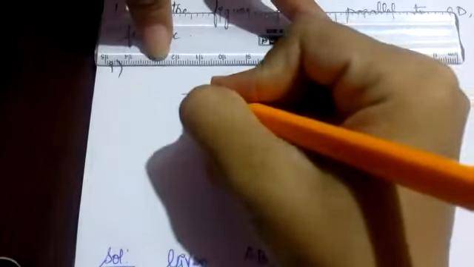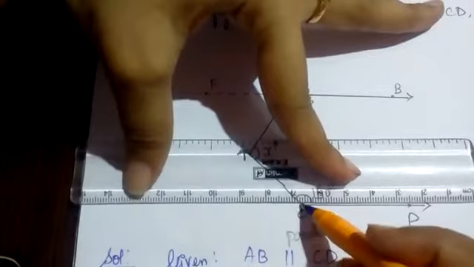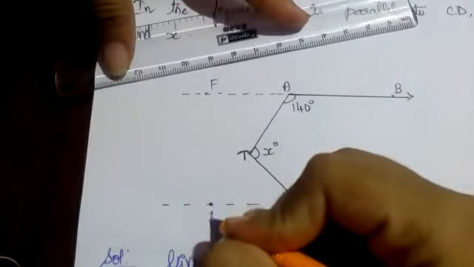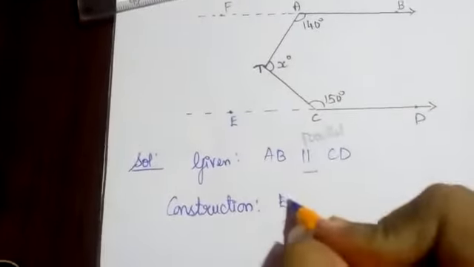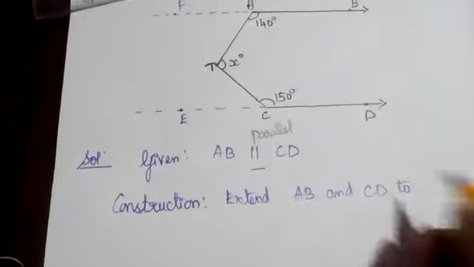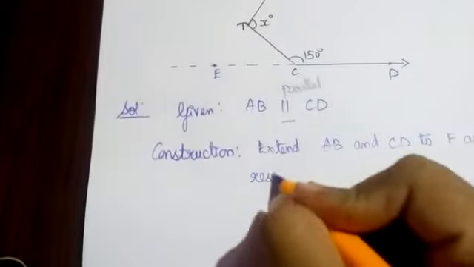You can use pencil and draw, children. To a point F. Here I am going to extend it to a point E. Next, now you have to write it: extend AB and CD to F and E respectively.